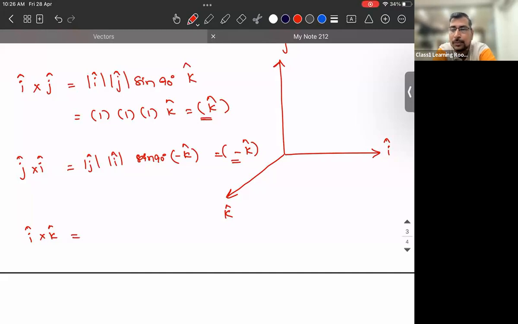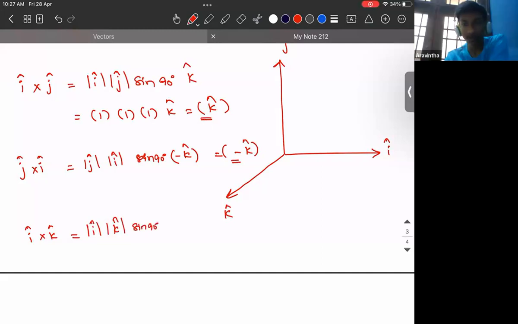So when you see from the top, it is clockwise. Clockwise means take your right hand and curl it in the clockwise direction. In whichever direction you rotated it, when you take clockwise, the thumb is going to be downwards. So I cross K is going to be magnitude of I cap, magnitude of K cap, sine 90 times n cap.